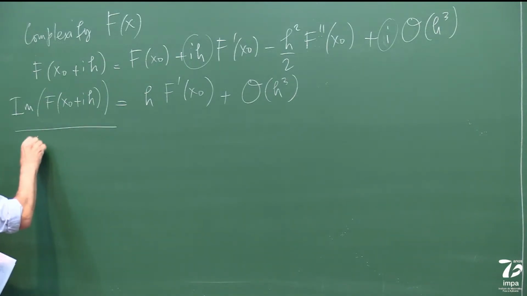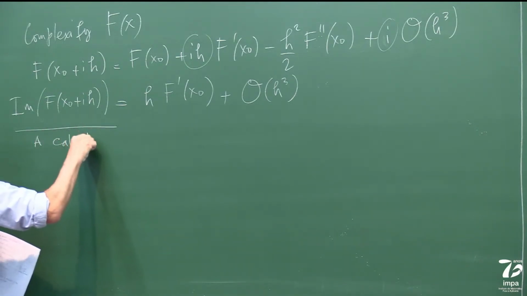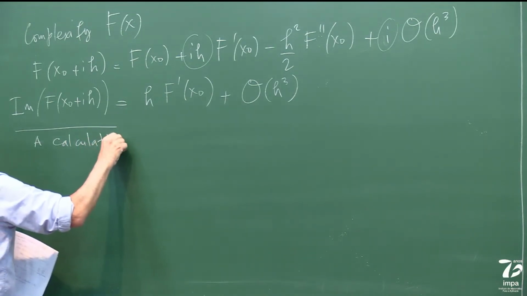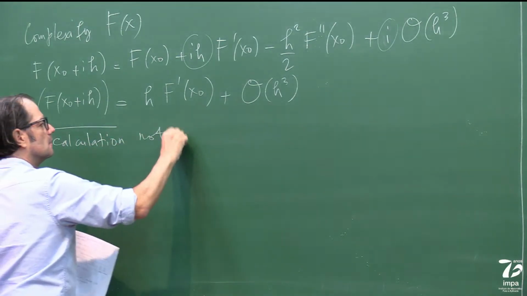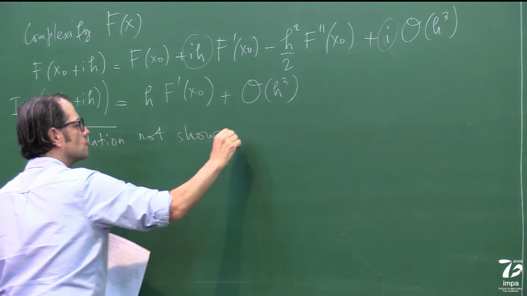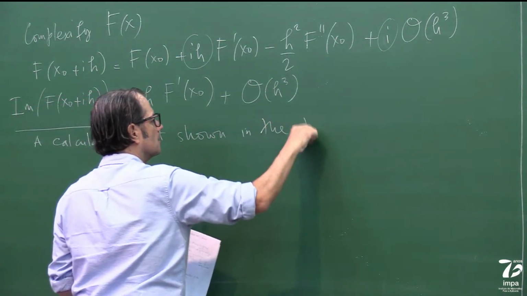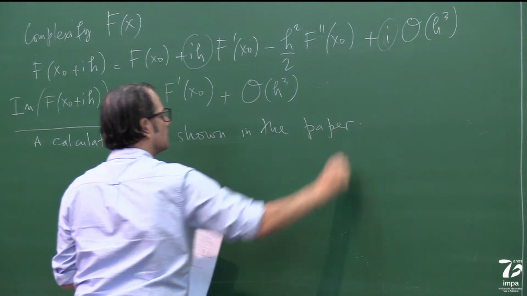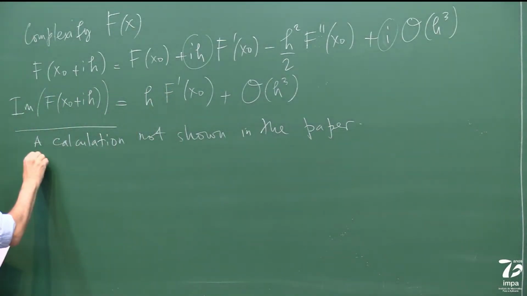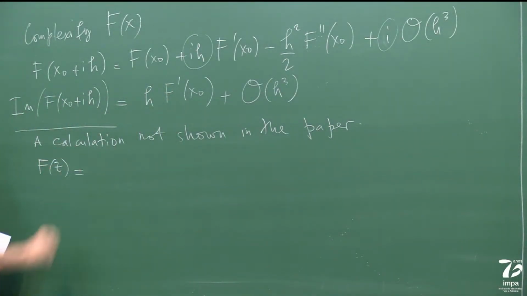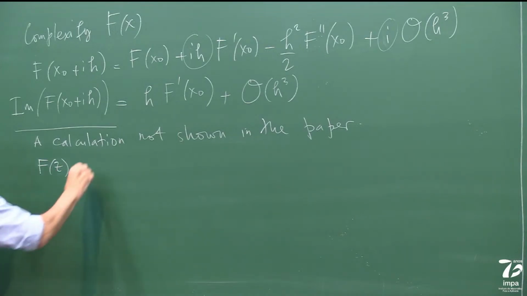The calculation not shown in the paper is this one. So f of z is a complex valued function.